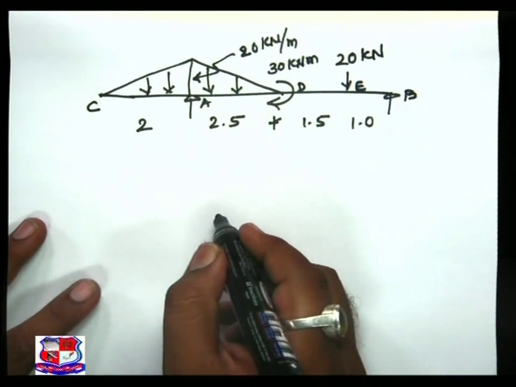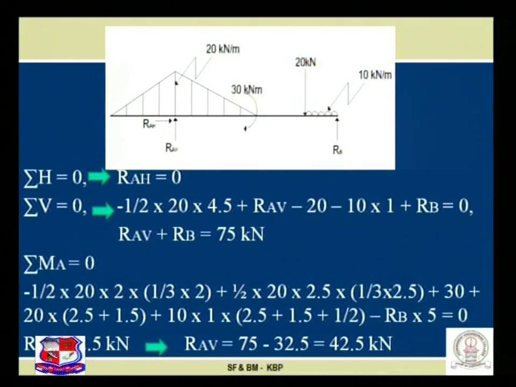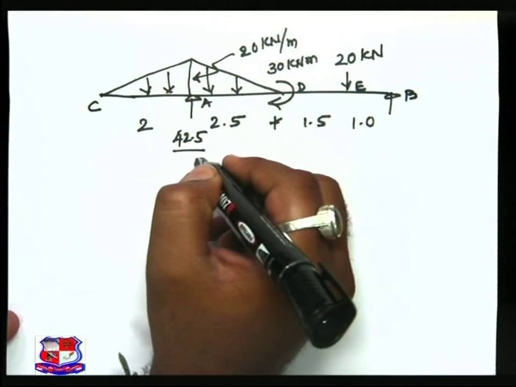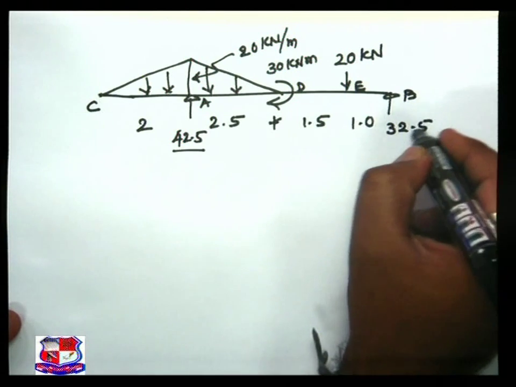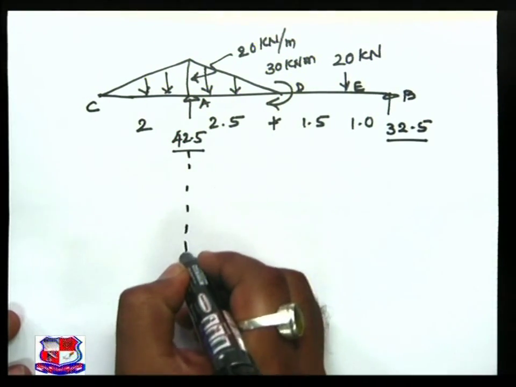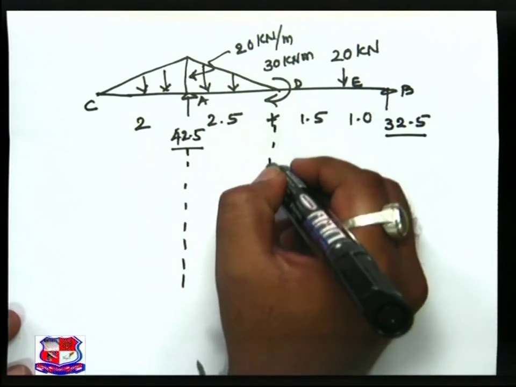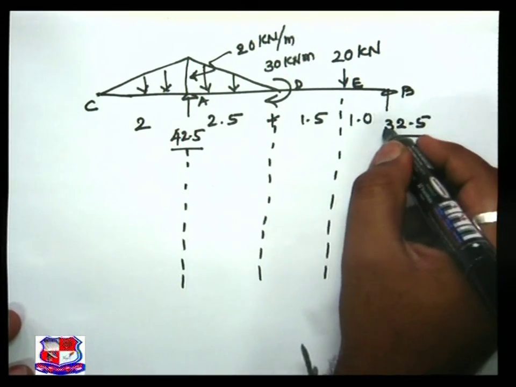Now we know the support reactions: 42.5, that is RAV, and RB is 32.5. So we know these reactions, and our intention is to plot the bending moment diagram.